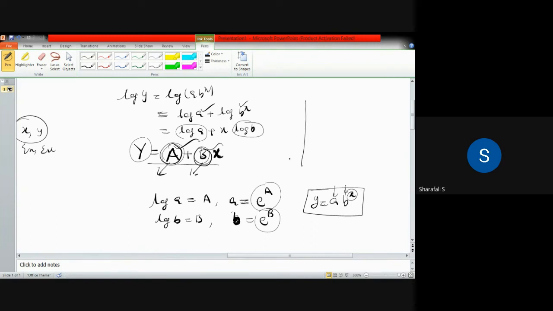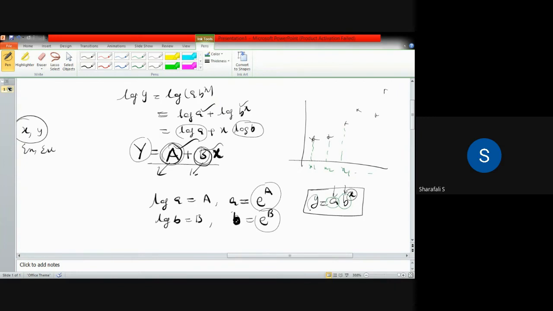So which means that if your given data points are like this, something like this, and you want to fit these data points with the exponential curve, and you know a and b, then you know the x values, x1, x2, x3, and so on. These are data points.